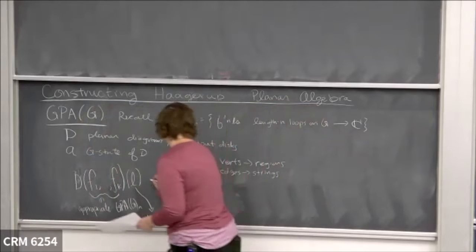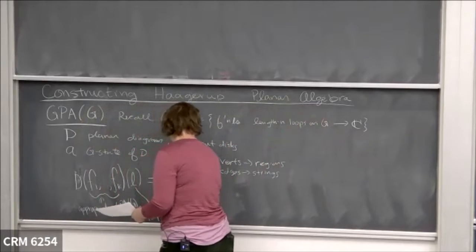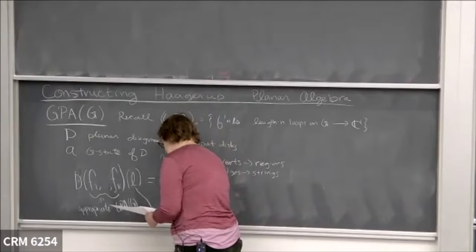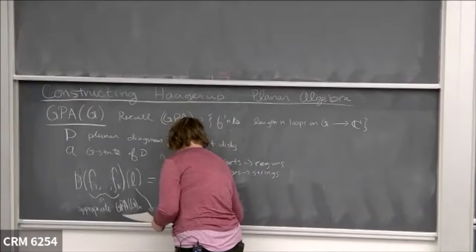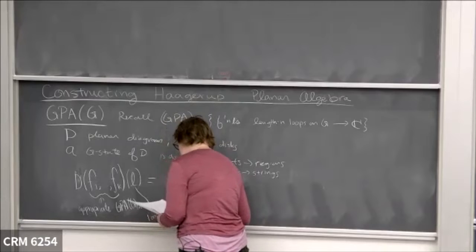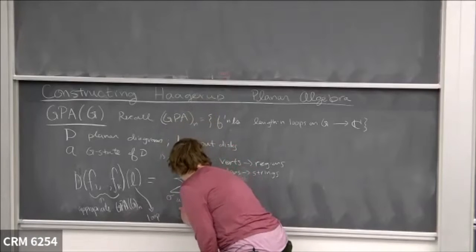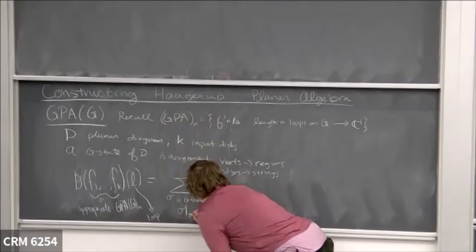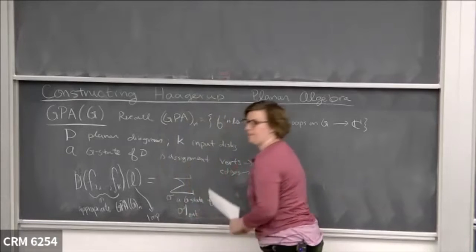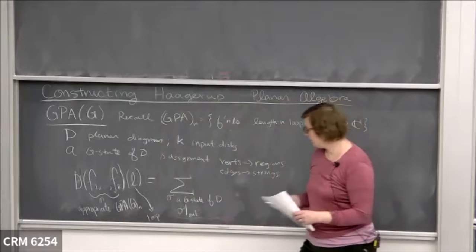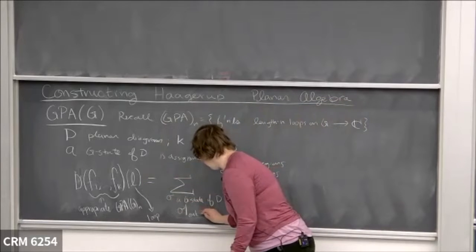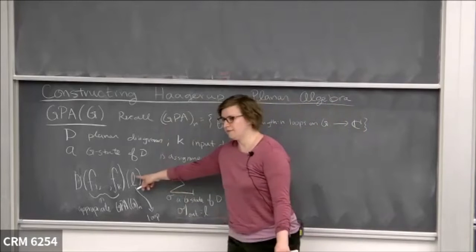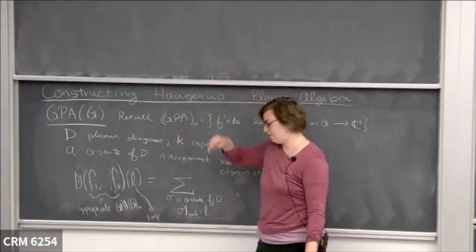So this is equal to a state sum, where we sum over G states of D with the property that if you read this state around the outside boundary, you get this loop L back. So we only look at states that are compatible with this information on the boundary.